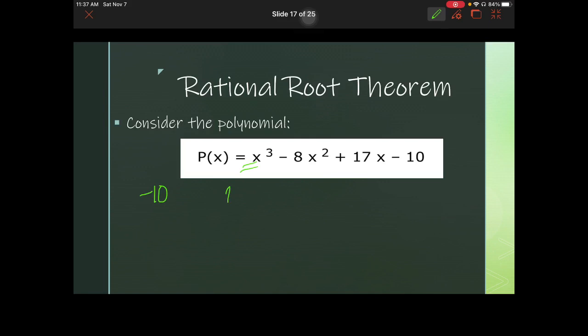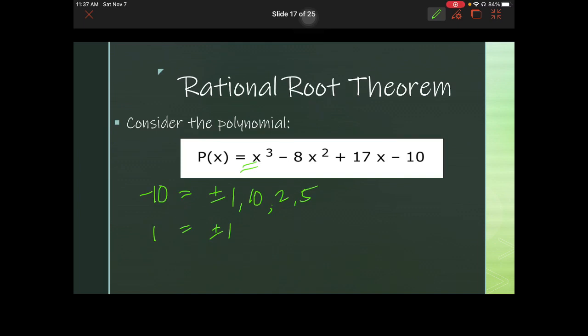Tapos, ang gagawin natin ay hahanapin natin ang factors ng bawat isa. So, for 10, ang factors ng negative 10, we will have plus minus 1 and 10, and then you have 2 and 5. And for 1 naman, plus and minus 1.